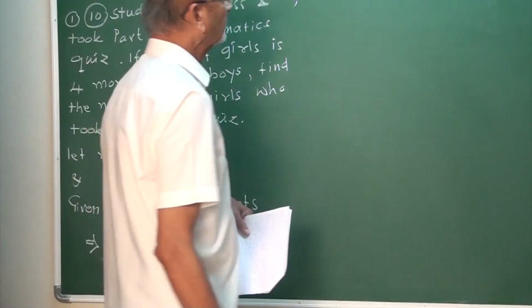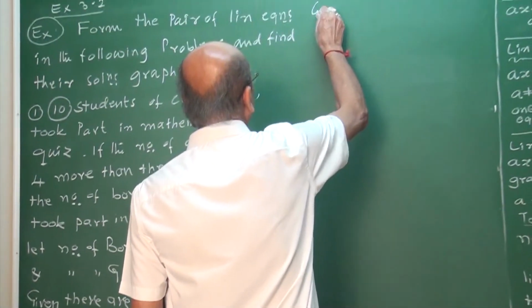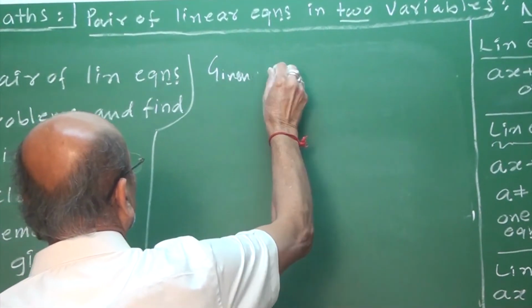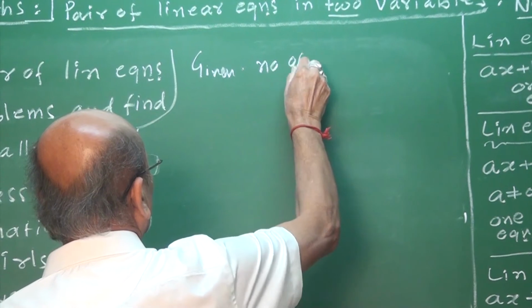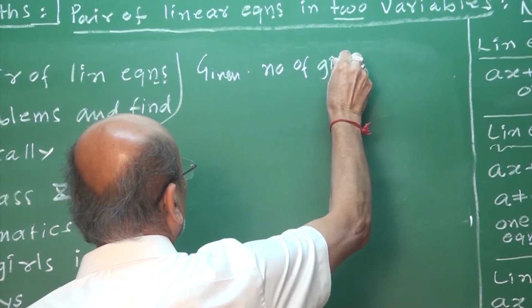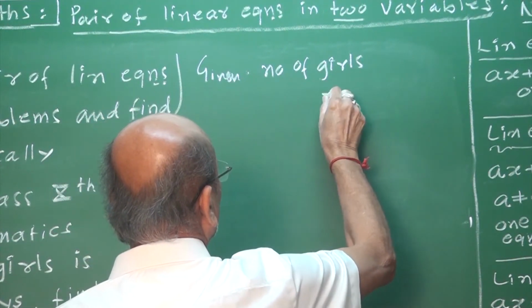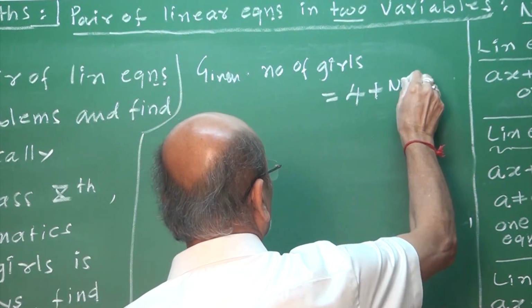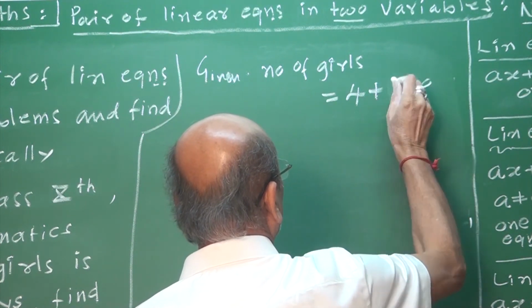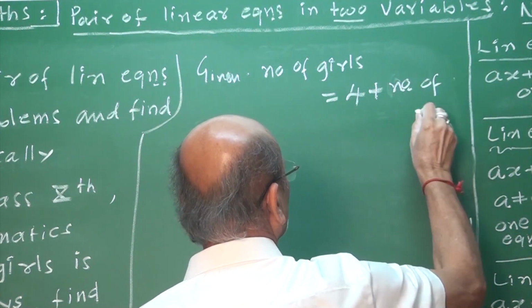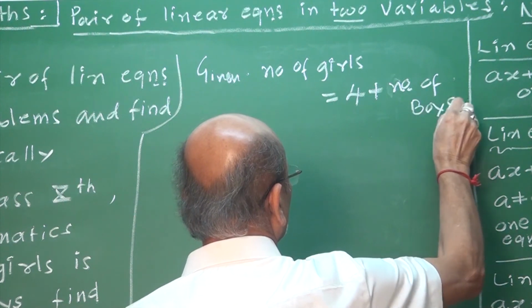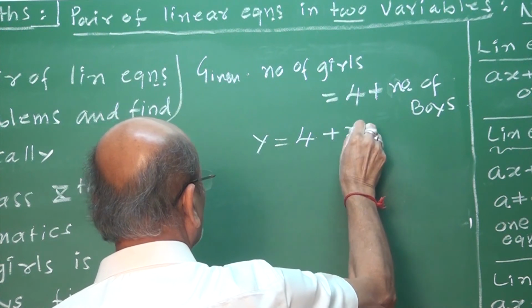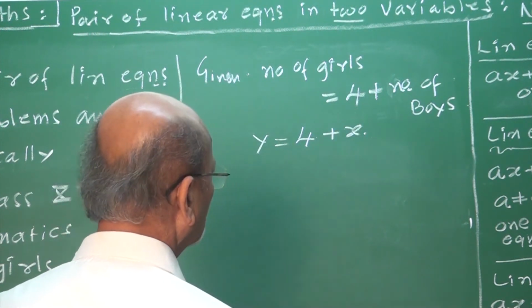Second, what is given? Given, number of girls equal to 4 more than the boys. Number of girls is y, 4 more than the boys.